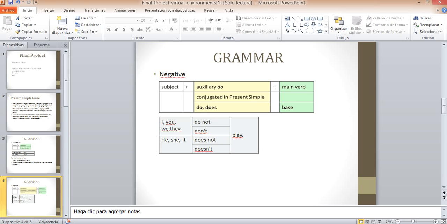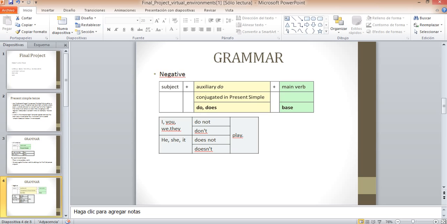The do is for pronouns like I, you, we, and they, as we see here. And here is the do with the negative auxiliary, and then the main verb.